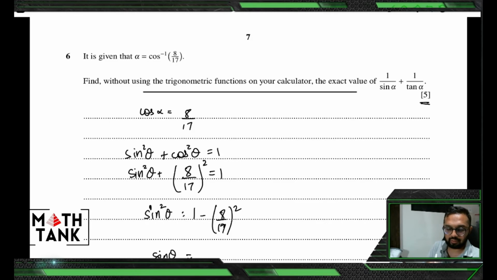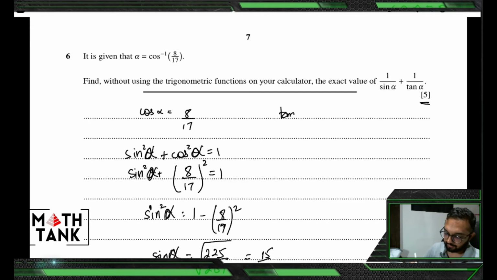That gives me 225 over 289 under the root, so that gives me 15 over 17. Okay, so sine alpha, not theta, all these are alphas. So sine alpha is 15 over 17.